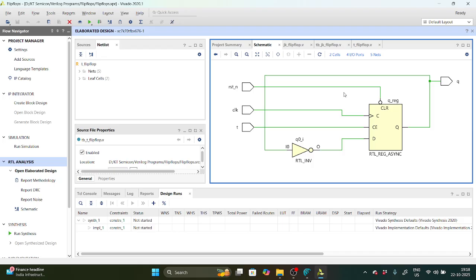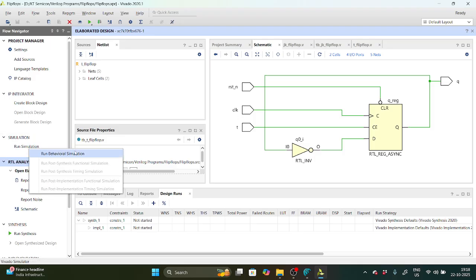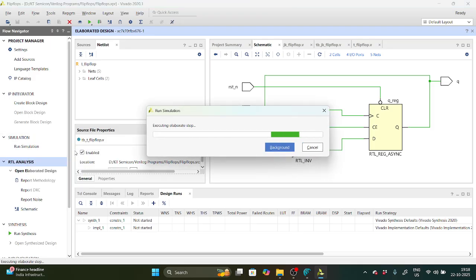As you know, clear and preset are asynchronous inputs, irrespective of input and clock. When it is activated, it will force the output to 0. And Q is given to this Q. Okay, this is the basic elaborated design. And next, run the simulation, run the behavioral simulation.